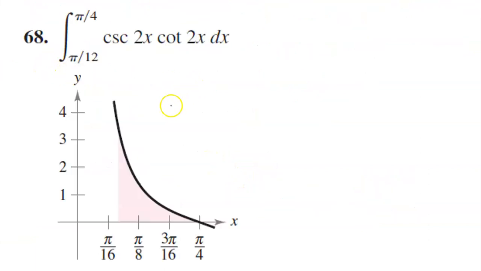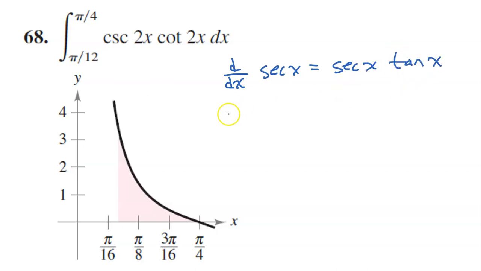Before we do this last problem, let me remind you of the rules. Remember that the derivative of secant was secant tangent. And then remember that the derivative of cosecant was negative cosecant cotangent.